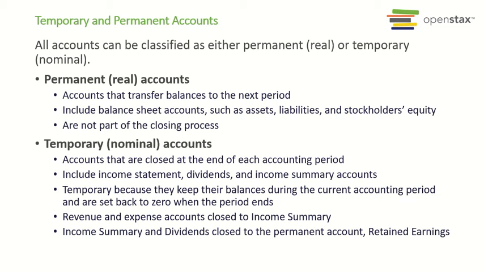These accounts are not part of the closing entries. Temporary accounts are closed at the end of each accounting period. These are income statement accounts, dividends, and the income summary account. Temporary accounts keep their balances during the current accounting period and are set back to zero when the period ends.